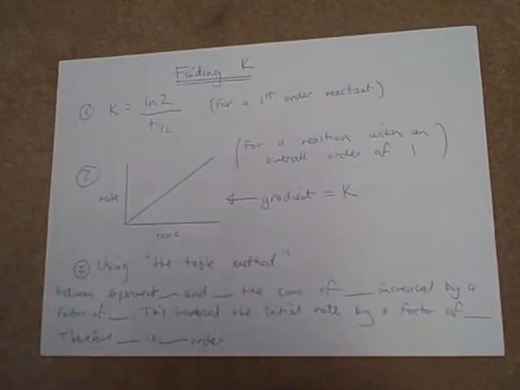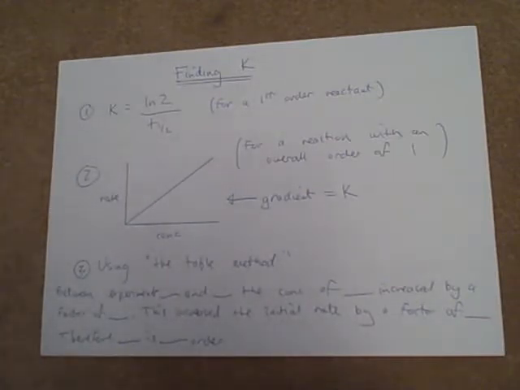Also, if you've got a reaction with an overall order of 1, so rate equals K multiplied by the concentration of A to the power of 1, then the rate-concentration graph of that chemical, if you take the gradient, is K. And then finally there's the table method, where they give you lots of different experiments and they change the concentrations of the chemicals and look at what effect that had on the initial rate.